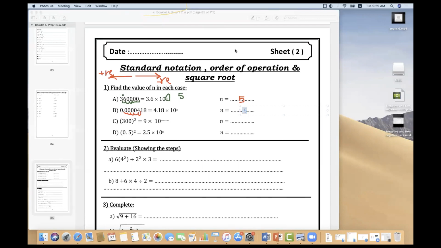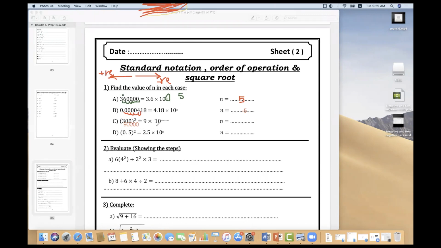Okay. 300 to the power of 2 will be 90,000. Yes, you have to change that first. 90,000 means I have four zeros, right?